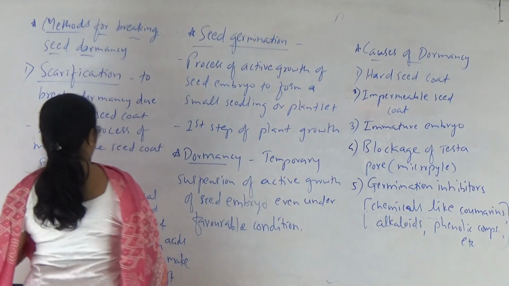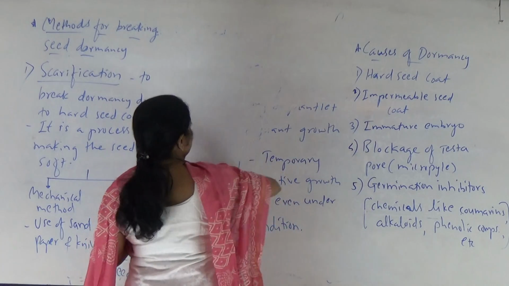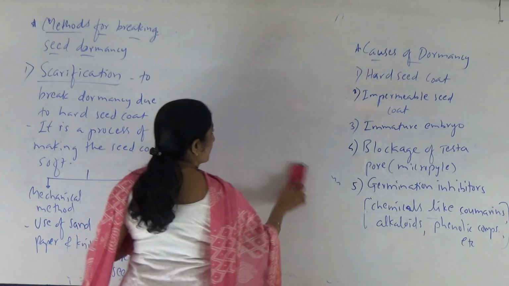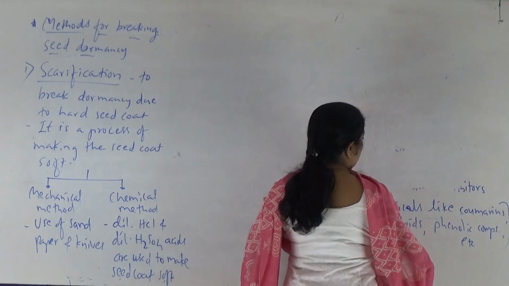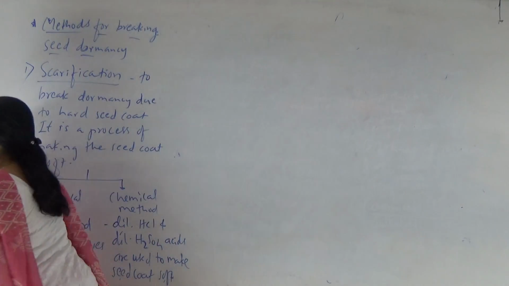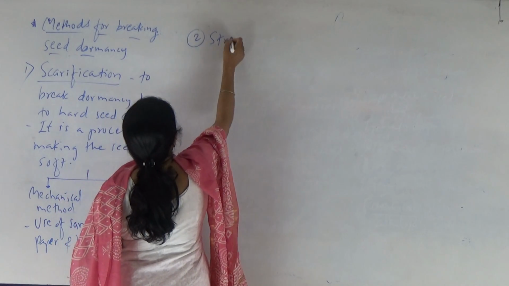Now what are other methods? Next method, that is stratification. The next method which is used to break seed dormancy is stratification.